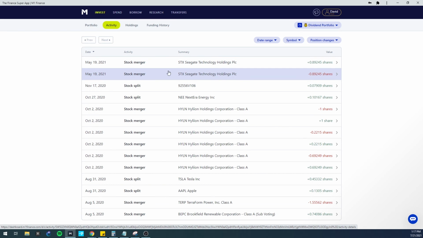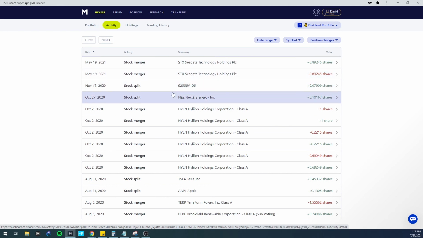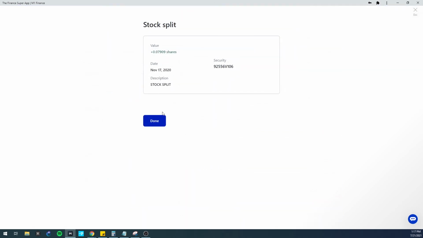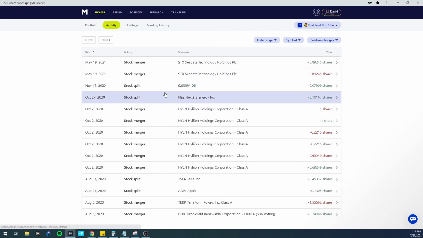But you can see Seagate had a merger. There was a stock split for some security. I think this was TTE before they changed their name. Yeah, these are going to be all your splits and mergers. So that is pretty much it for the activity section.